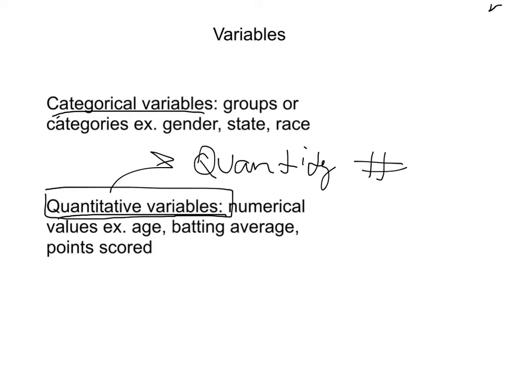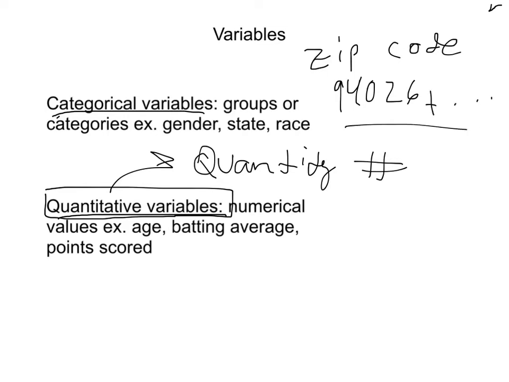And something your teachers might try to trick you with is they might throw in a variable, say, zip code. For something like zip code, despite that it's a number, say the zip code 94026, it's actually a categorical variable, because you can't add up a bunch of zip codes and then divide to get your mean and average out zip codes.